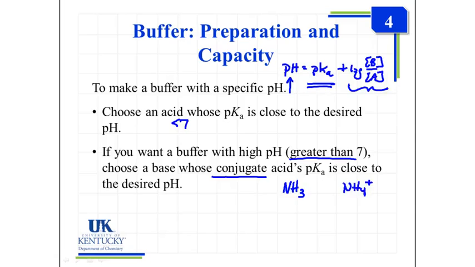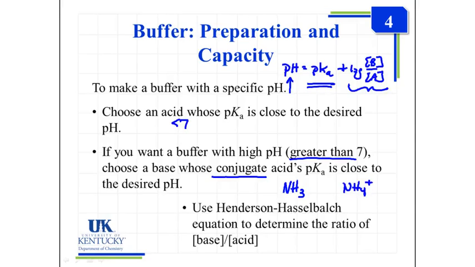Once you've decided the substances that will make up your buffer, then you're going to take that Henderson-Hasselbalch equation and solve for the ratio of the base over the acid. That way you'll know what concentration of those two items you're going to need in order to make that pH. You might also consider it in terms of moles of base over moles of acid instead of concentrations.